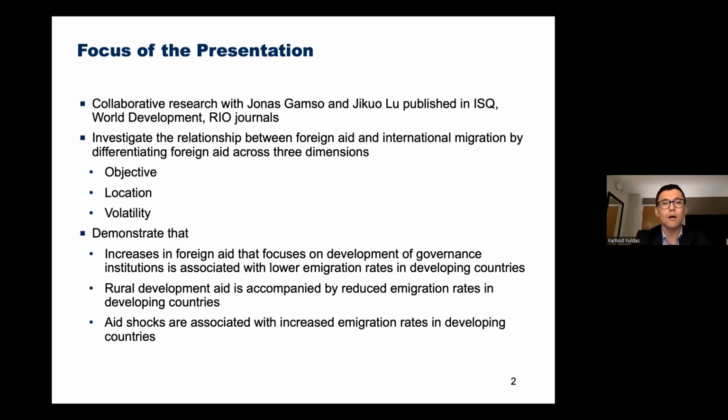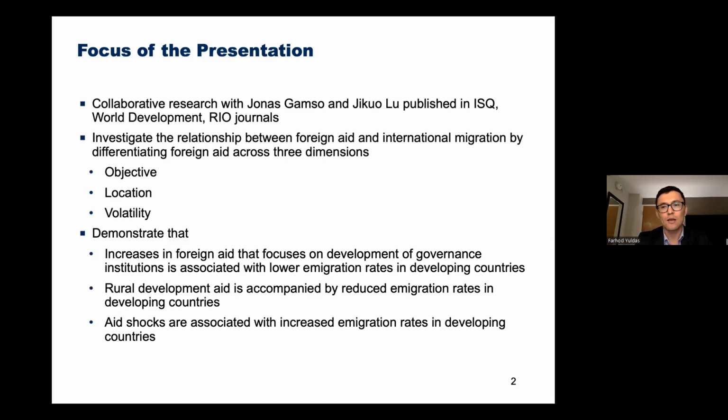The key investigation that we conduct in this research program is probing the relationship between foreign aid and international migration, while differentiating different types of foreign aid across three dimensions. The first one is objectives.